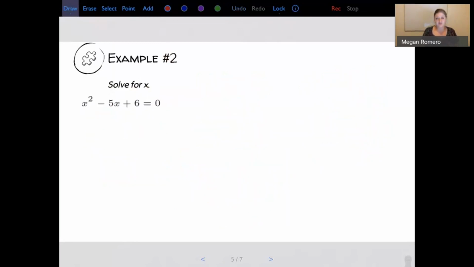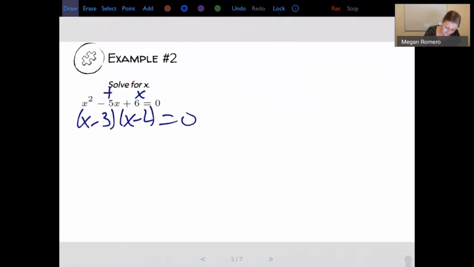In the case where the quadratic expression is not factored for us when we're trying to solve, we have to factor it on our own. So whatever way you factor, we're looking for two numbers that multiply to give positive 6 and add to give negative 5. So this case would be x minus 3, x minus 2 equals 0.